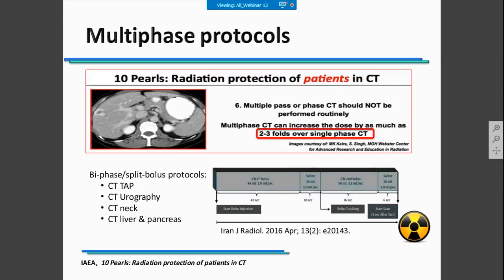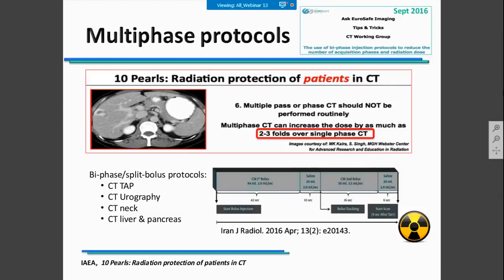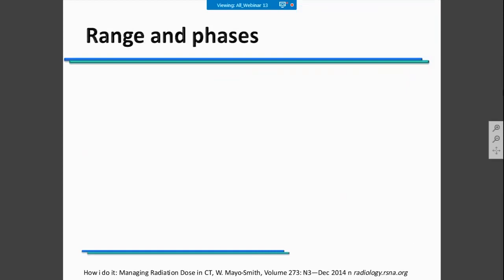Recent studies indicate that dual-phase protocols could also be used, especially for abdominal studies, and you could have two moments of delay with a single acquisition, so you don't have to expose the patient twice. You could also find more information about this topic, about multi-phase injection protocols, on the CT working group from the Eurosafe campaign.